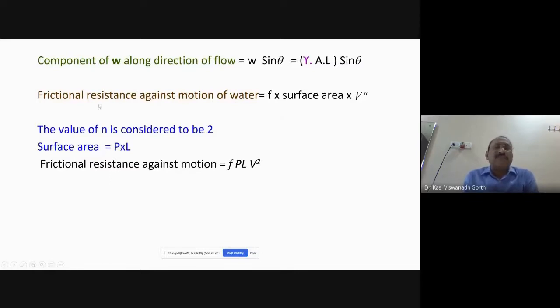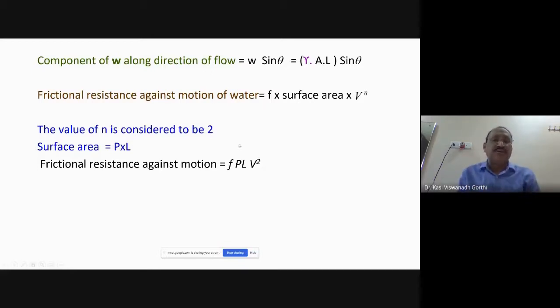So to get this total frictional resistance, F, the frictional resistance per unit area per unit velocity, is multiplied by area multiplied by velocity to the power n. n is an index considered to be equal to 2, and the surface area would be the total area which is directly in contact, that means wetted perimeter multiplied by the total length of the channel which is considered between the two sections 1 and 2.